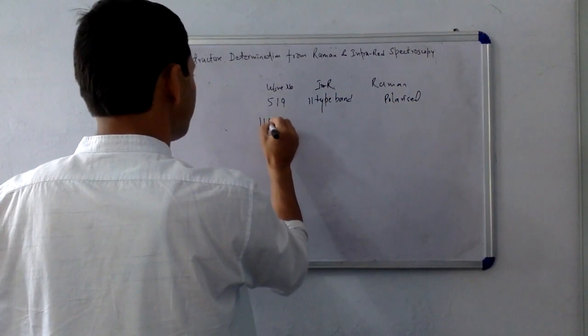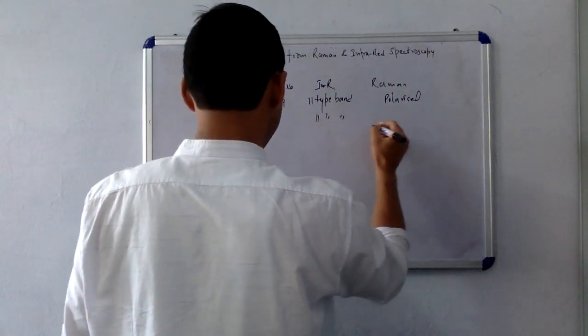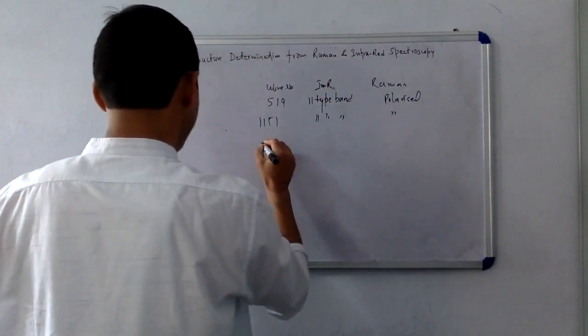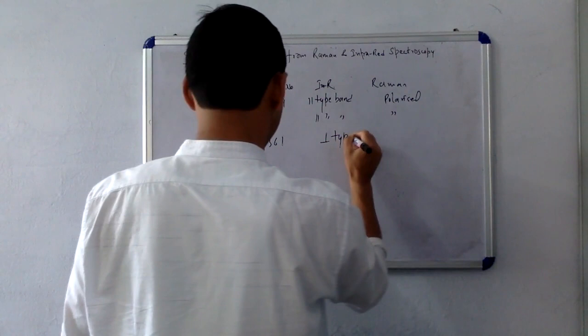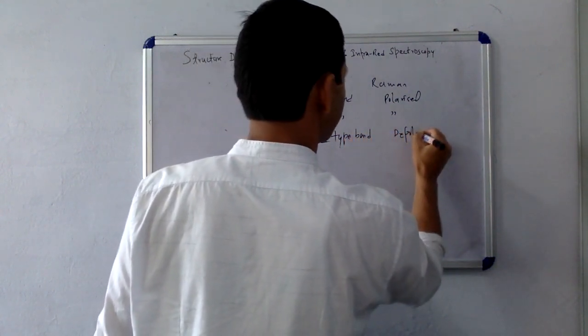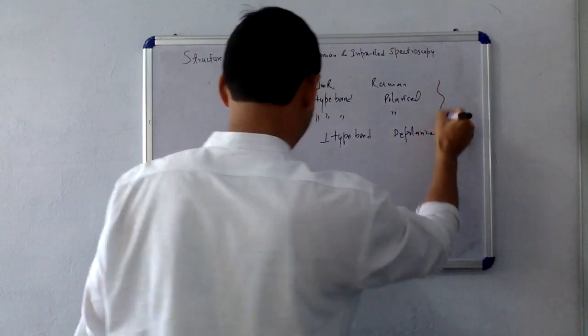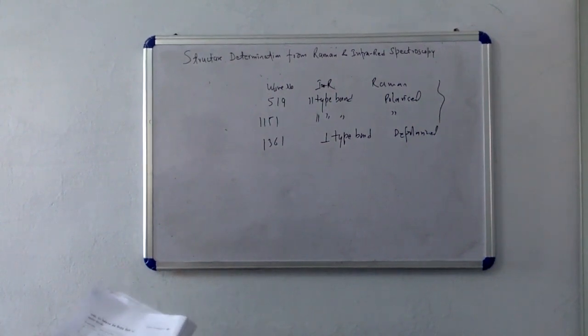And at 1361 a perpendicular type band that is depolarized. The Raman and IR spectra are collected in this table for the SO2 molecule.